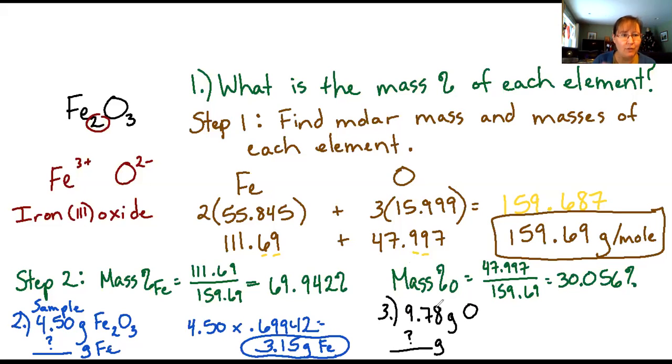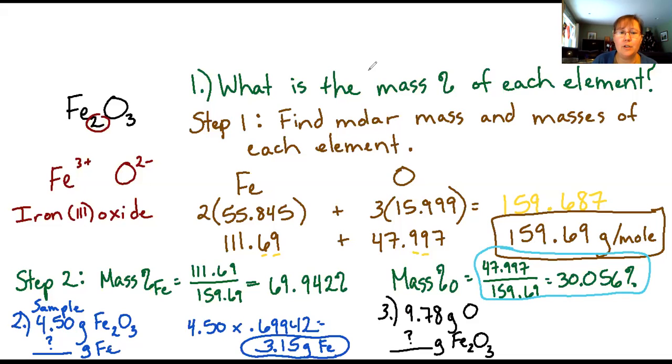So I've evolved this 9.78 grams of oxygen, I've separated it from the iron, and afterwards I want to know what the mass of my original sample was. What I would do here is use this original equation to determine that.